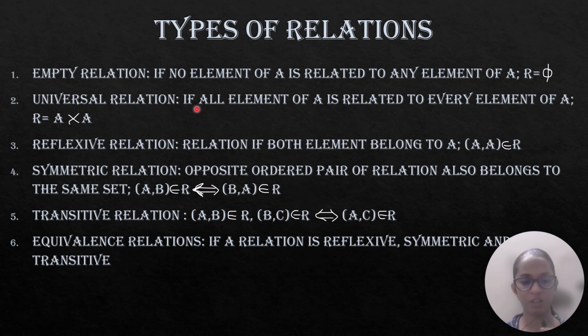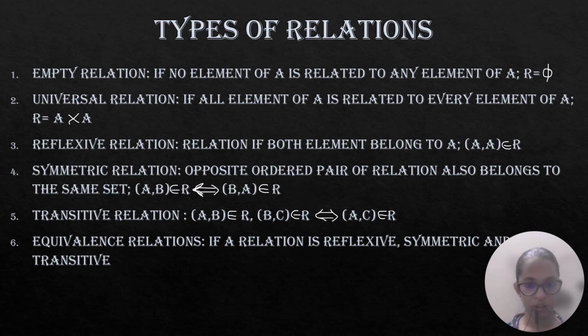Second is universal relation: all elements of A are related to every element of A, R is equal to A cross A. Reflexive relation: both elements belong to A. Symmetric: the opposite ordered pair also belongs to the same set. Transitive: A comma B belongs to R, B comma C belongs to R, then A comma C also must belong to R. Equivalence: if a relation is reflexive, symmetric, and transitive, it is called an equivalence relation.